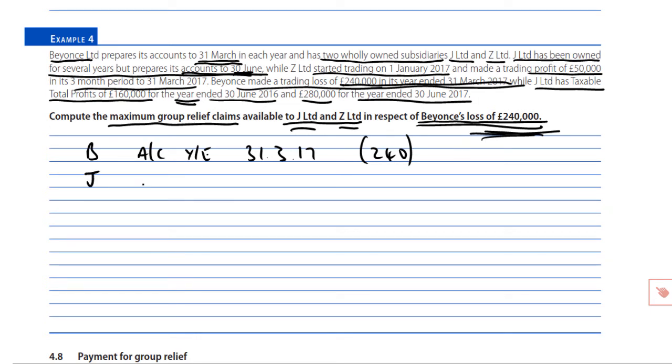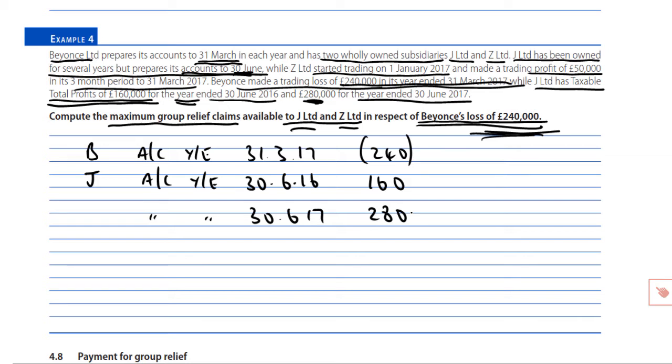We then have J Limited that has prepared accounts to the year ended 30th of June, and for its year ended 30th of June 16, it got a profit of £160,000, and for its accounting year end 30th of June 17, it got a profit of £280,000 there. So what we've got to see is how many months worth of the loss-making period correspond with how many months worth of each of the 2 profit-making periods.